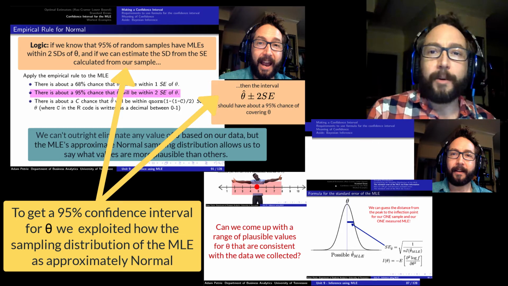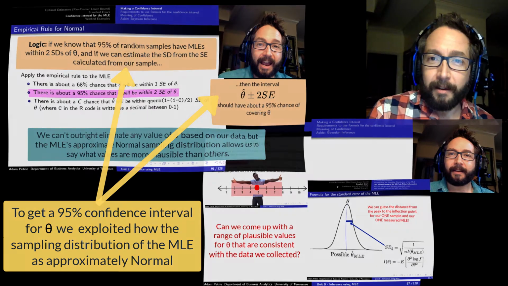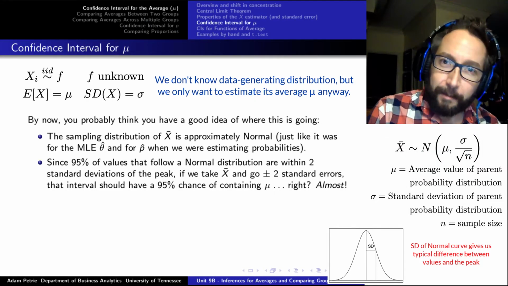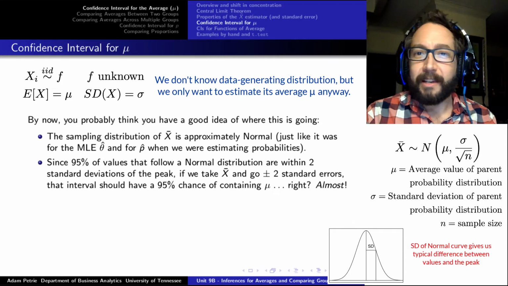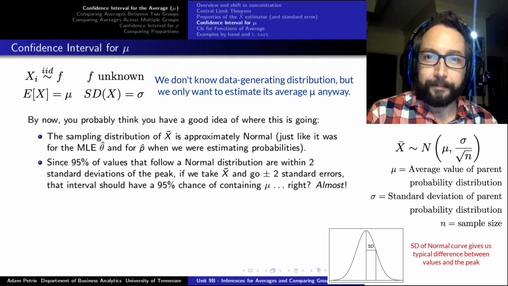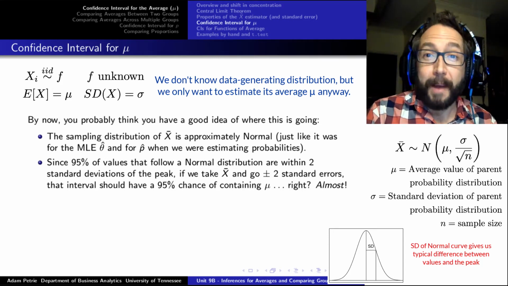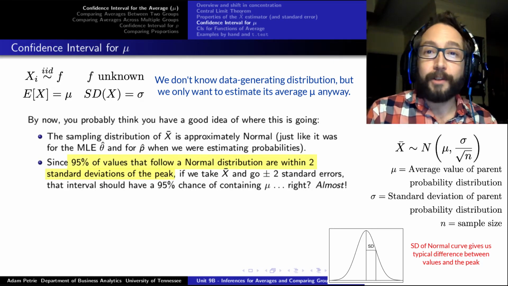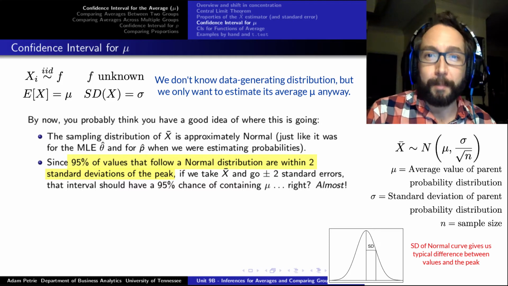So what we know is that the sampling distribution of the sample average is approximately normal, with a peak at mu and a standard deviation equal to sigma over the square root of n. And one thing that we know about the normal distribution is that 95% of values are within 2 standard deviations of the peak.